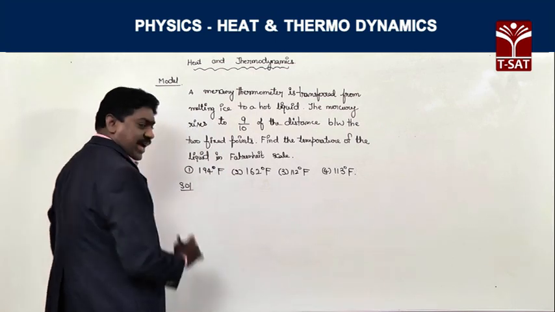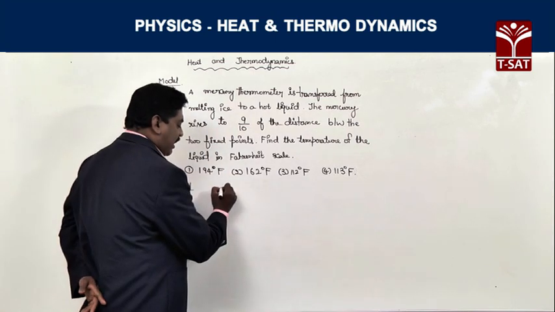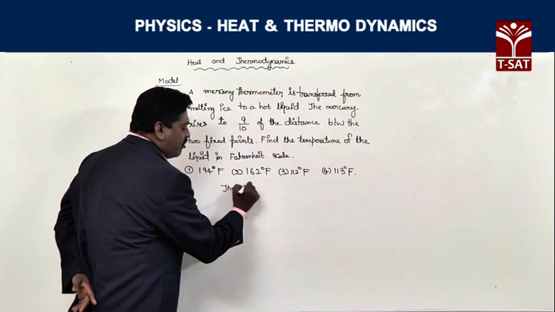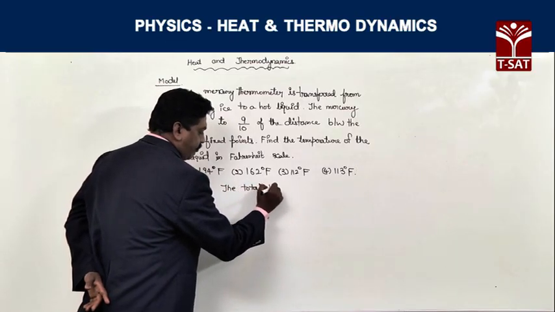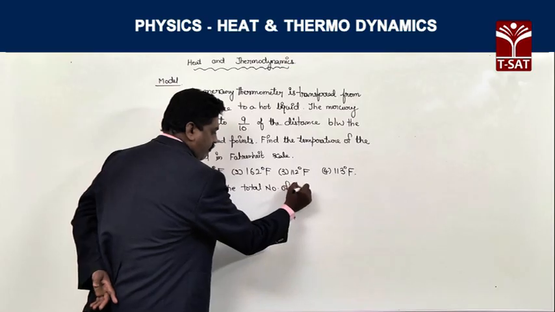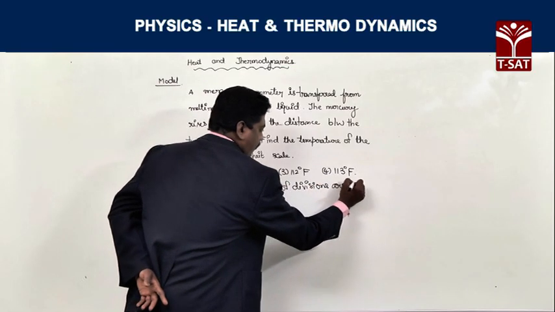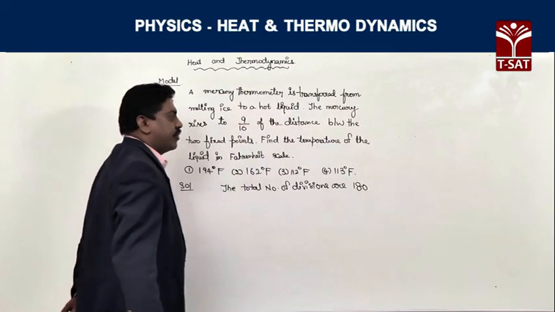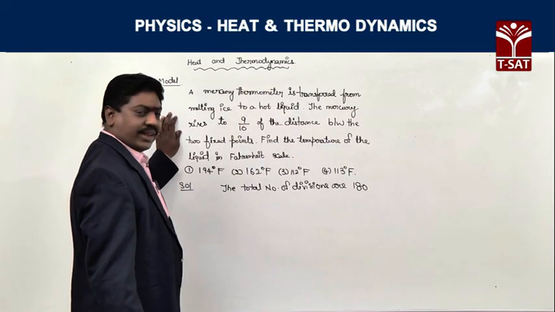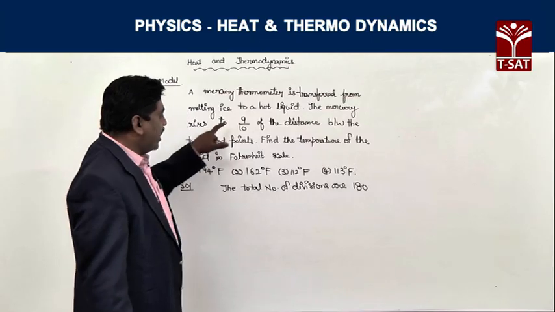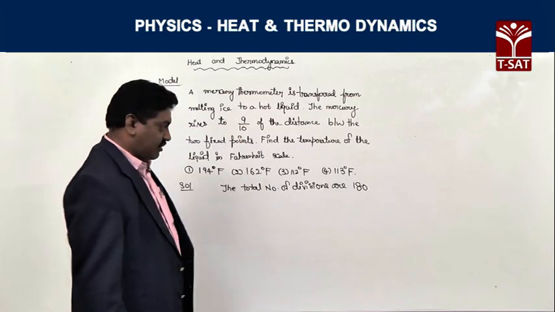We know very well that in the Fahrenheit scale, the total number of divisions is 180, and we are given that the mercury rises to 9 by 10 of the distance.